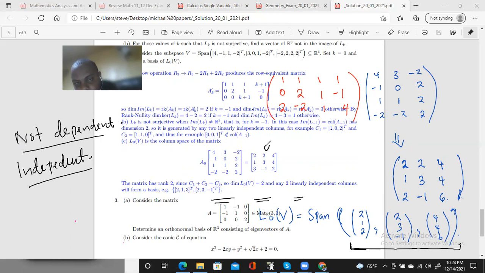So at least we have something similar to that. 2, 3, negative 1 is there. Then we have 4, 4, 2. We are missing 3. We have 2 and we have 1. So we are missing these 2.